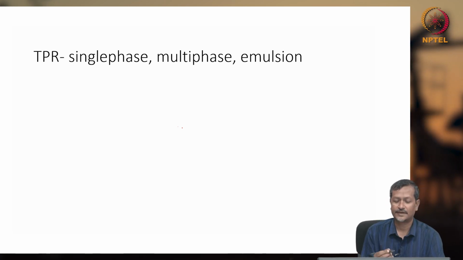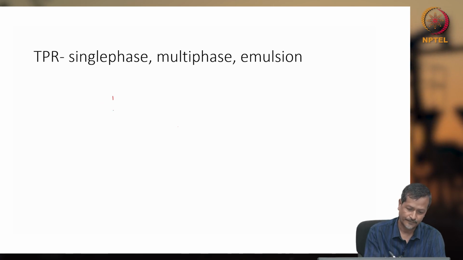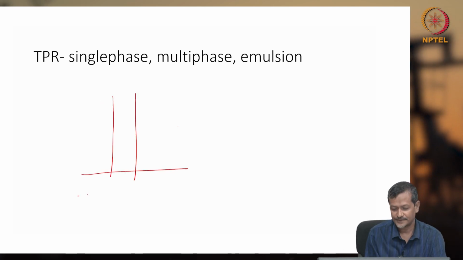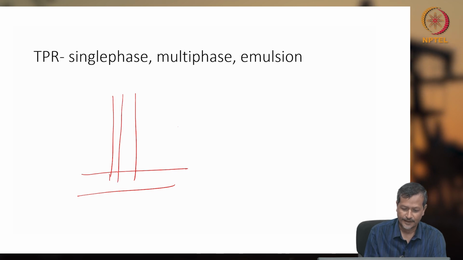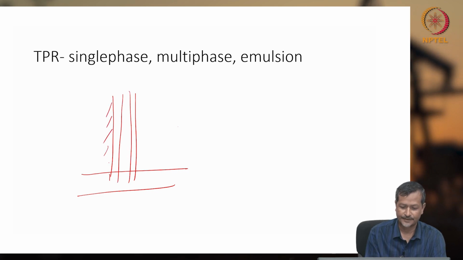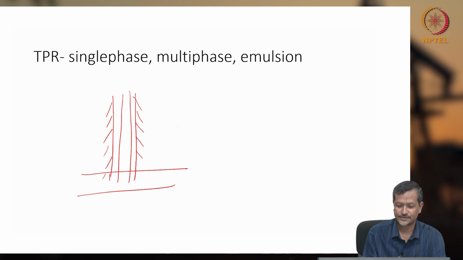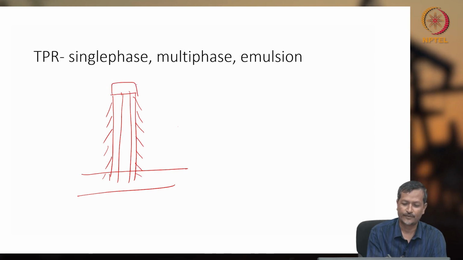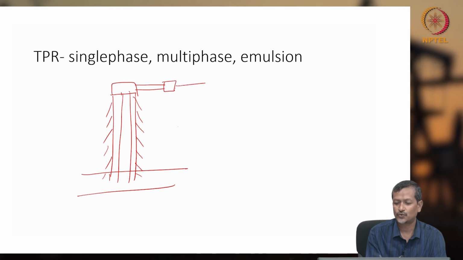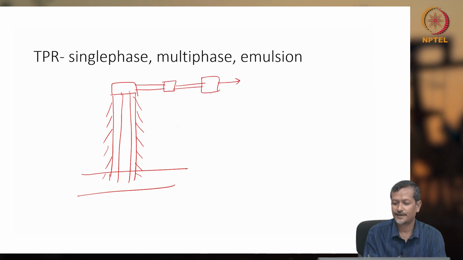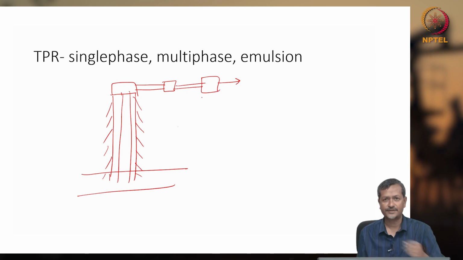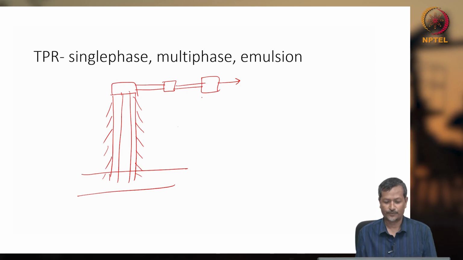So first let's see the wellbore. Wellbore is like this and you have tubing. All right, in the previous lecture we have seen this casing is there and inside tubing, and there will be one wellhead, to choke, to separator, to your customer or your refineries or transport line it will go.